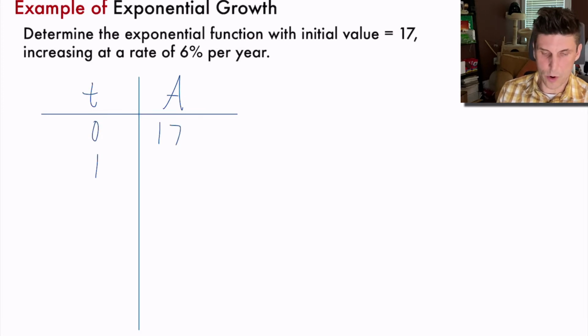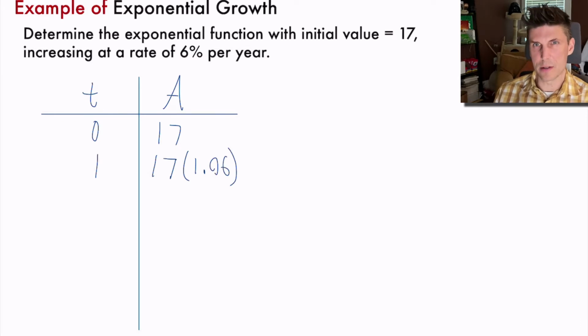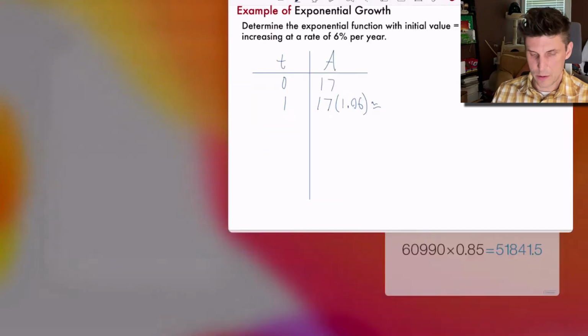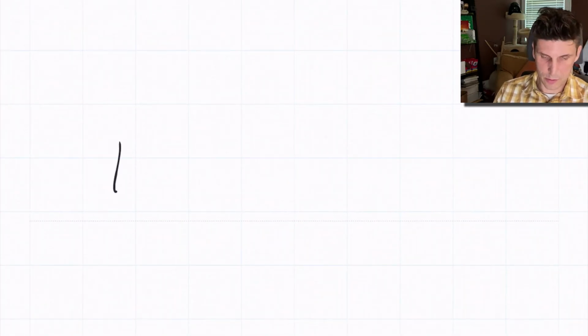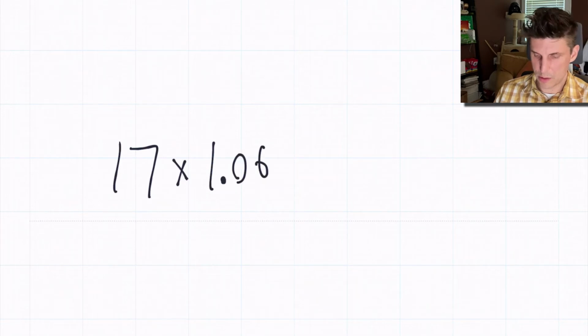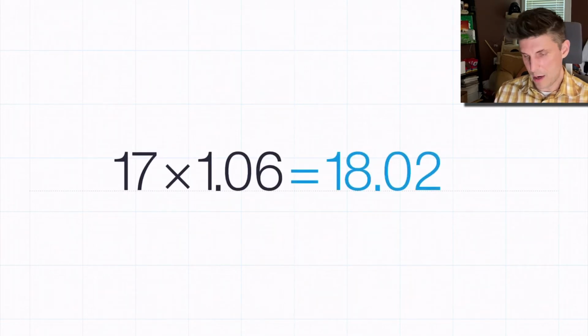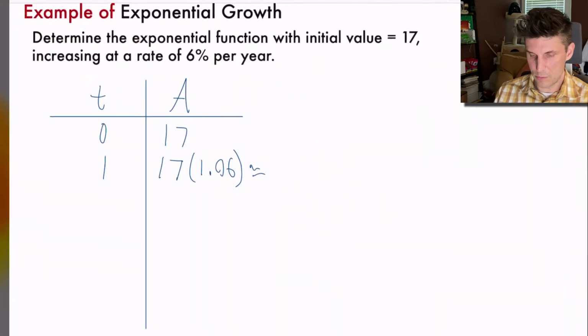All right, and after 1 year, we're going to have 17 times 1.06, right? Because as just discussed in the do now, we know we're going to have 6% more than we had the year prior, which is going to be about equal to 18.02.